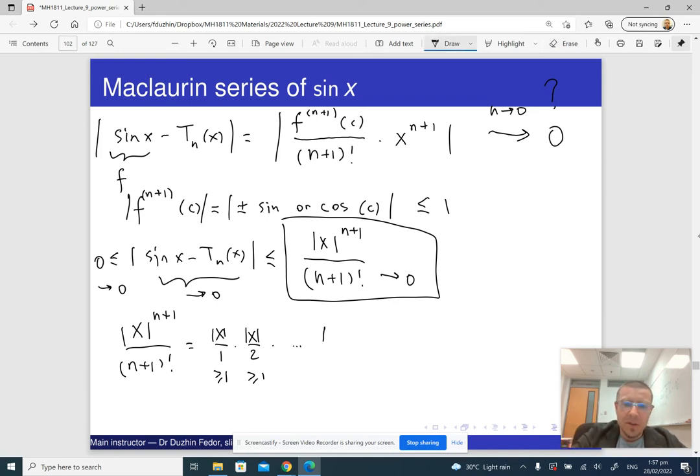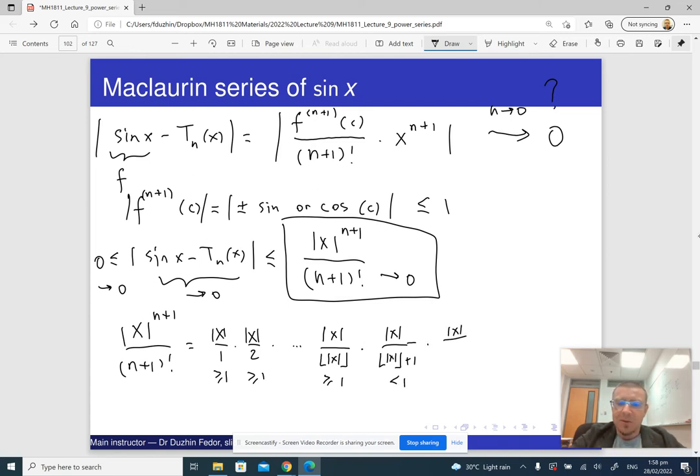At some point here, I will get the floor function of the absolute value of x, which is the largest integer not exceeding x, and this is still bigger than or equal to 1. The next term is going to be the absolute value of x divided by the floor function of the absolute value of x plus 1, and this is strictly less than 1.